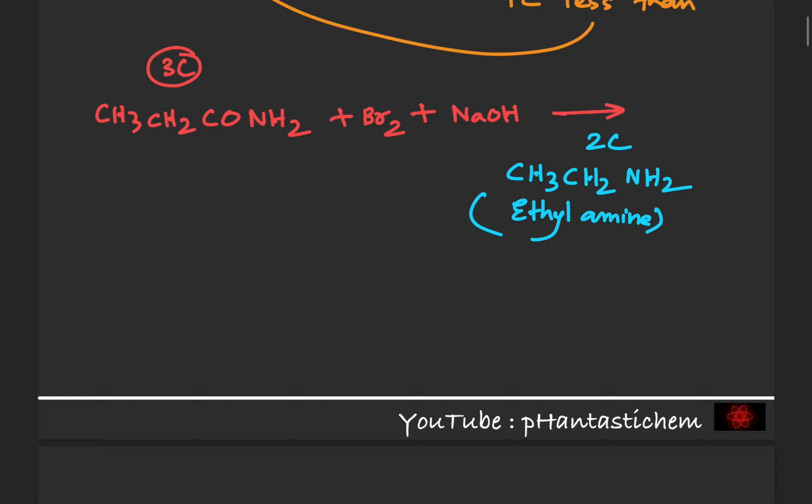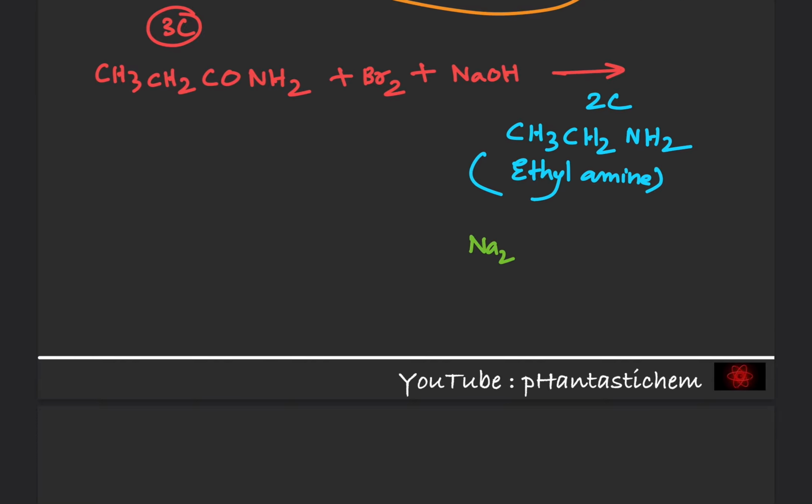And also we'll be getting side products, for example Na2CO3, NaBr, and also H2O. Okay, upon balancing we will have 2 here, 2 here, and 4 here. So this is the complete reaction. So these are the side products.